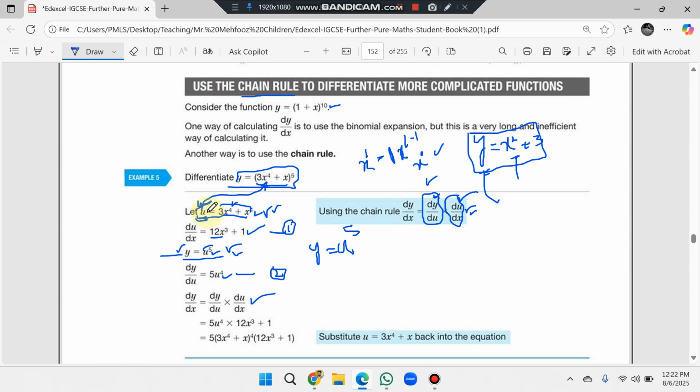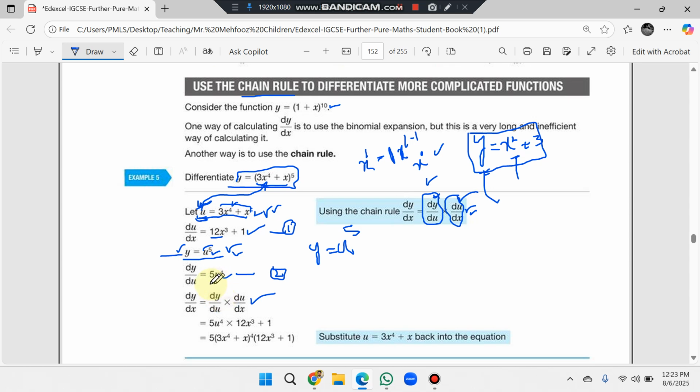If this expression is not u, it is something other than u, we change our formula to dy by some variable and that same variable over dx, right? So this formula can be changed. This is not the perfect formula, so we can change it according to our supposition, right? So here we have dy by du multiplied by du by dx.